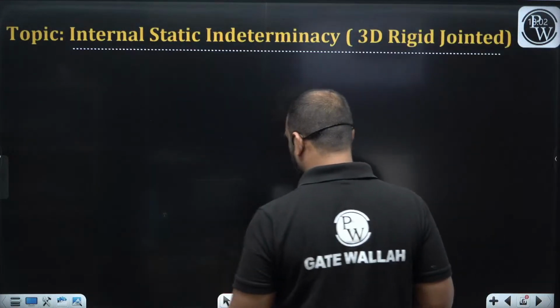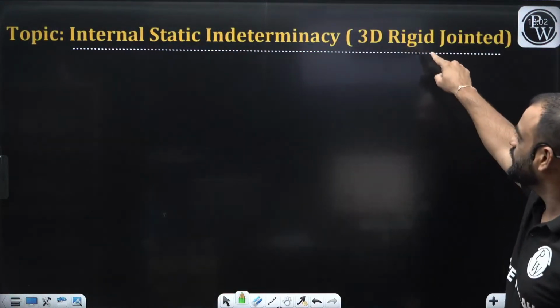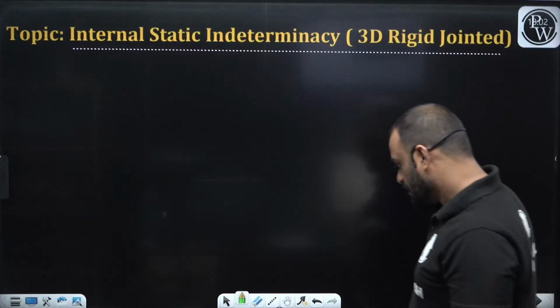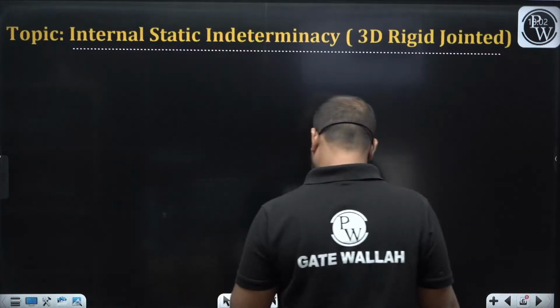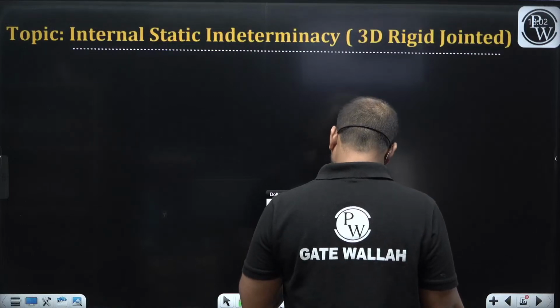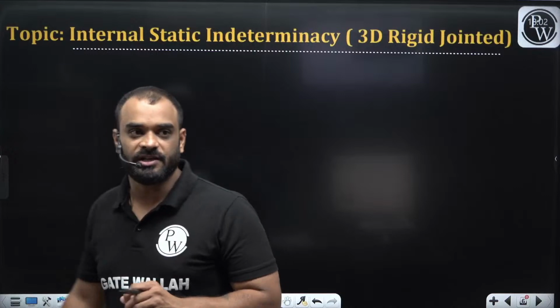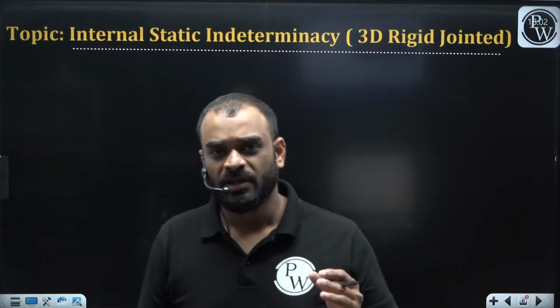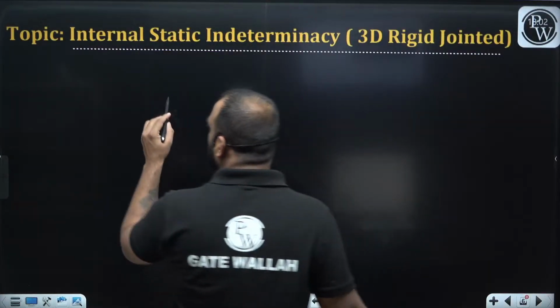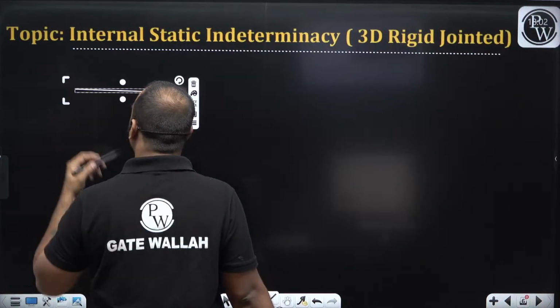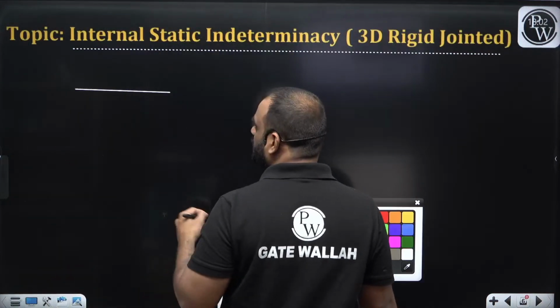So the first structure we are taking is a rigid jointed structure. Guys, the first question is how many reactions you have in case of a 3D member as internal reactions. Please write down in the chat box how many reactions you have in a 3D rigid jointed structure.